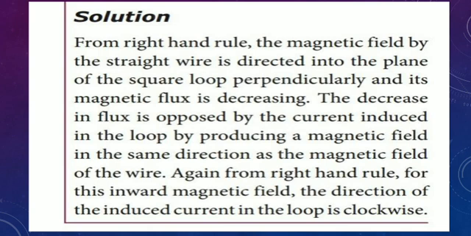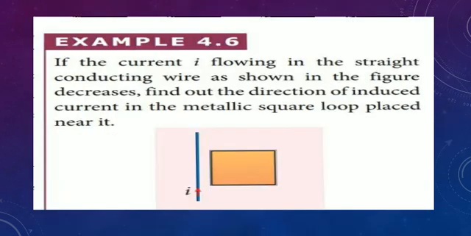Therefore the magnetic field acts inwards, and the direction of induced current in the loop is clockwise. The current is perpendicular to the plane of the loop, so the induced current flows in the clockwise direction.